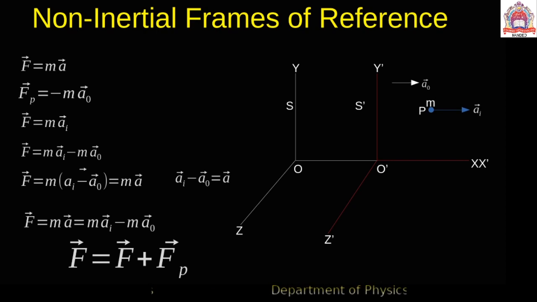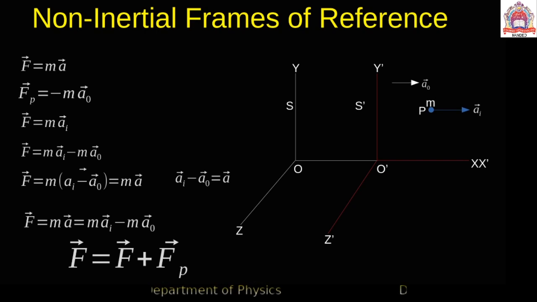What is the pseudo force, and what are examples of fictitious force? For that purpose, consider a particle of mass m at rest inside a lift falling freely under gravity. Then what is the fictitious force acting on it?